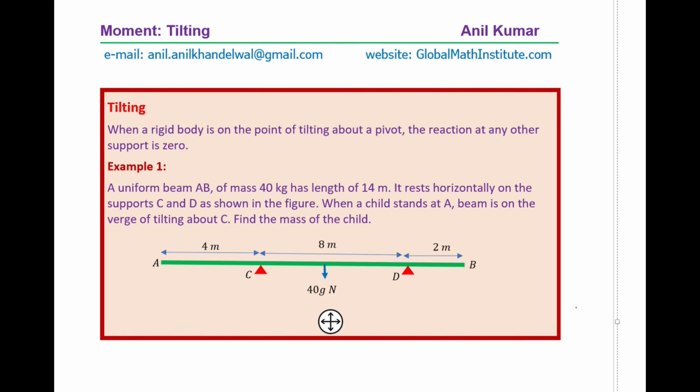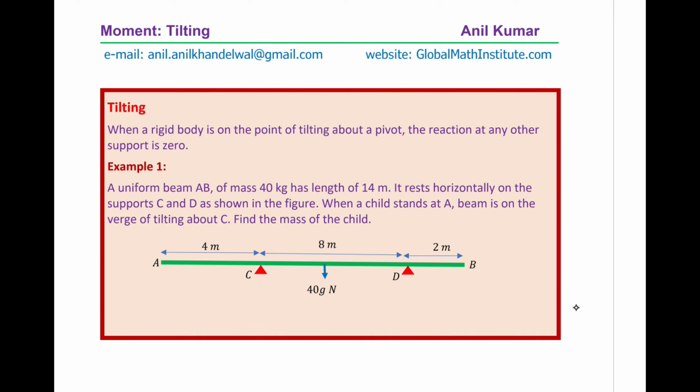So let's begin with the very first question, which is about tilting. But before that, let's understand what tilting really is. When a rigid body is on the point of tilting about a pivot, the reaction at any other support is zero. That's what it means.